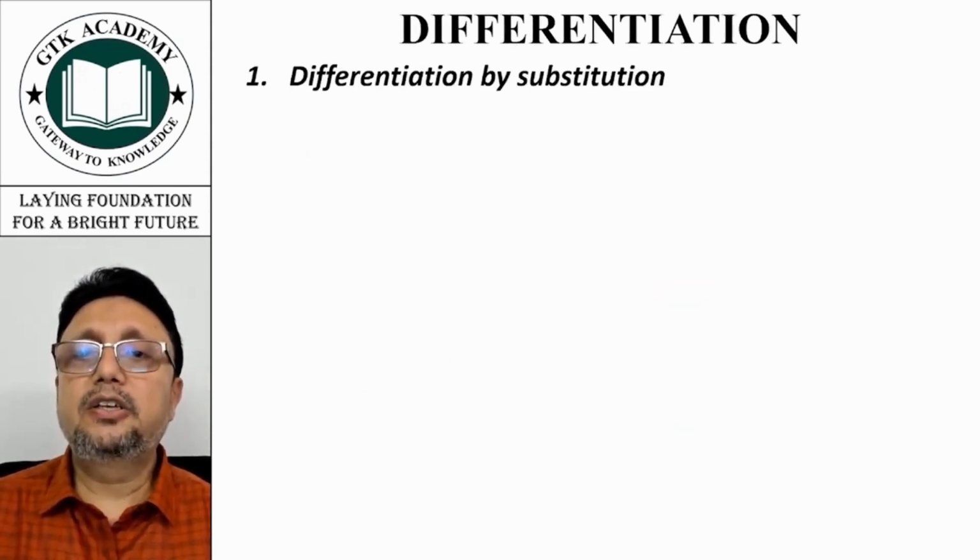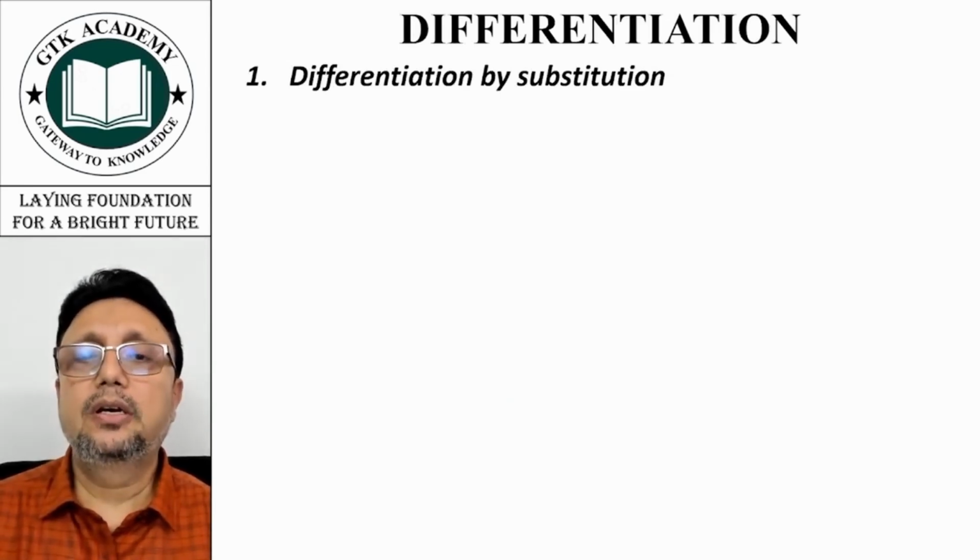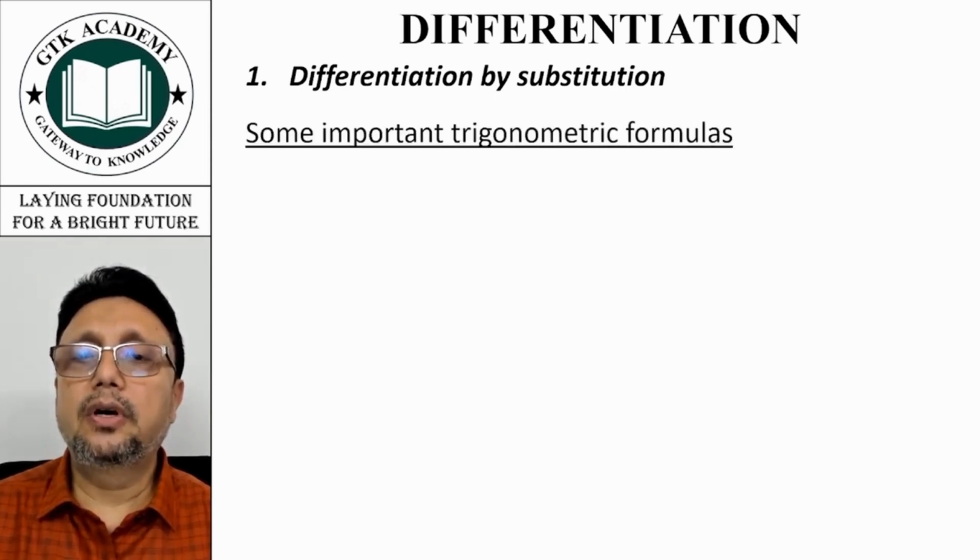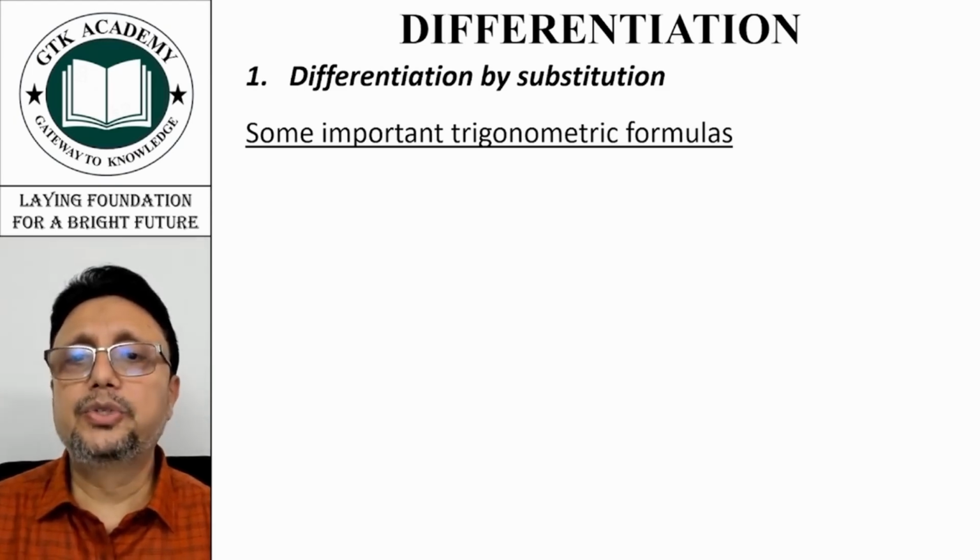So first we'll discuss differentiation by substitution. But before we start our topic, we have to recall some important trigonometric formulas. Hope you have read them. If you have not read them, just see them here because we'll be using them.